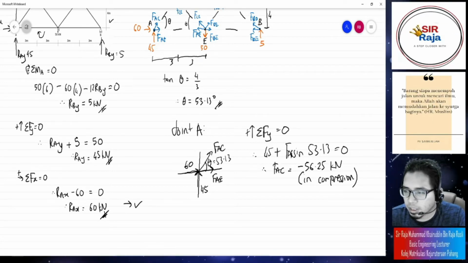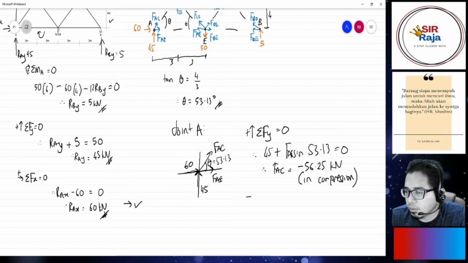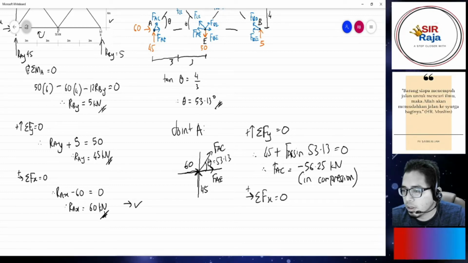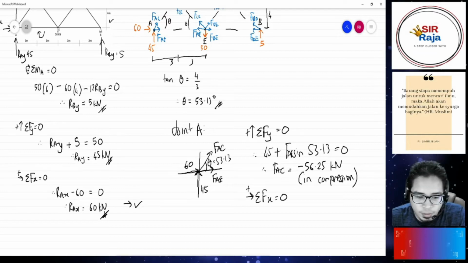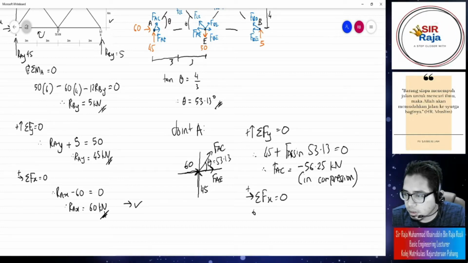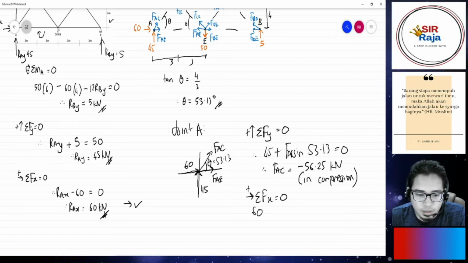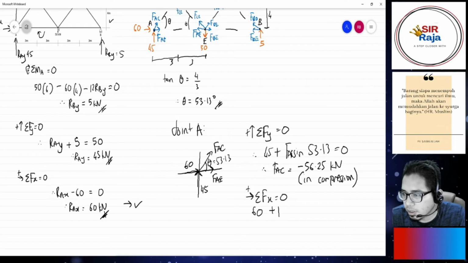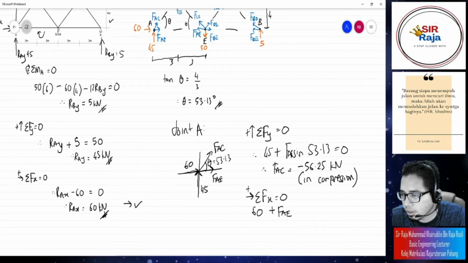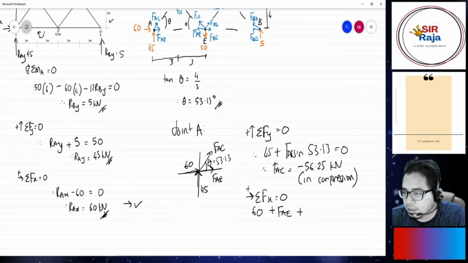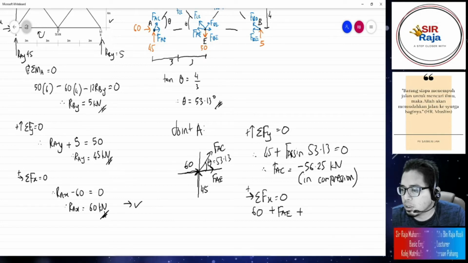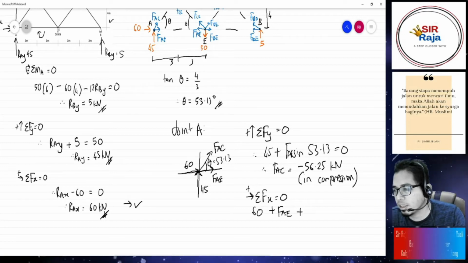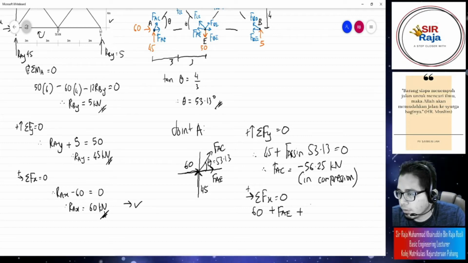Right? Okay, then we have another equation, total Fx equal to 0. Therefore, we're going to have 60 to the right, 60 plus FAE, this one FAE going to the right, and then also plus FAC. Here notice that I'm just going to use plus because the x component of FAC is to the right.